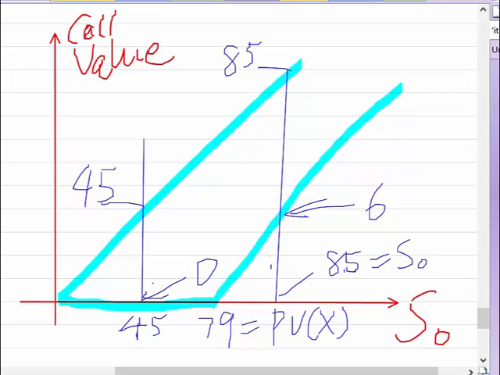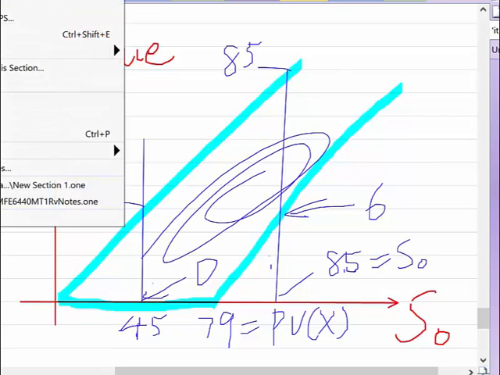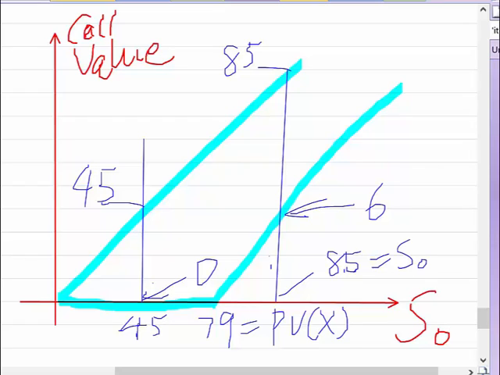Okay. What I want to emphasize is that it's not this whole region that the call option runs around in. It's not like that. What happens is this: given different levels of the underlying stock price, you have different upper bounds and lower bounds for the same call option.